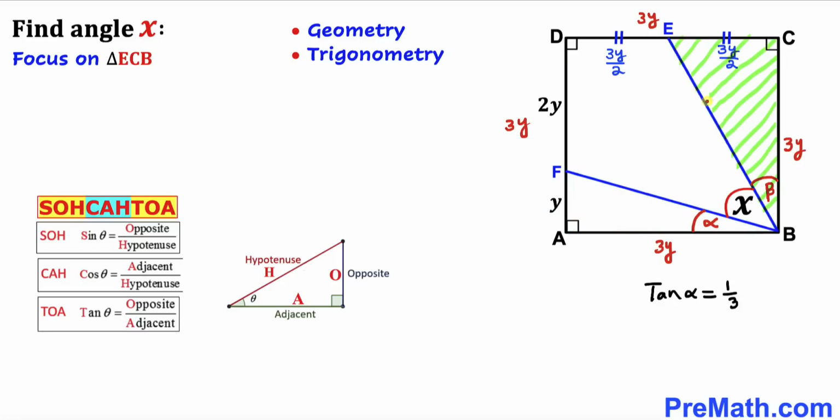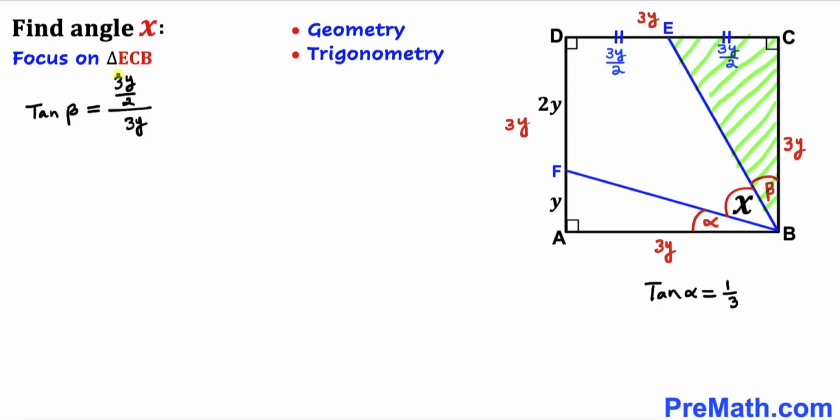And here's our next step. Let's focus on this other right triangle ECB. Once again, we are going to use the SOHCAHTOA model, tangent of theta equals opposite divided by adjacent. In our case, our opposite side is 3y divided by 2, and our adjacent side is 3 times y. So tangent of angle beta is going to be 3y divided by 2 all over 3 times y.